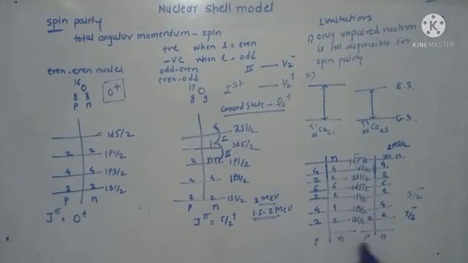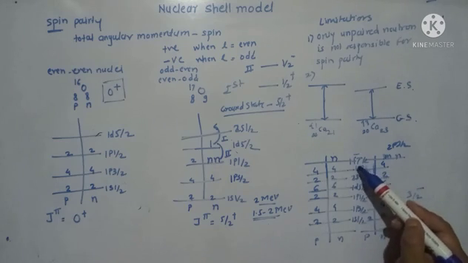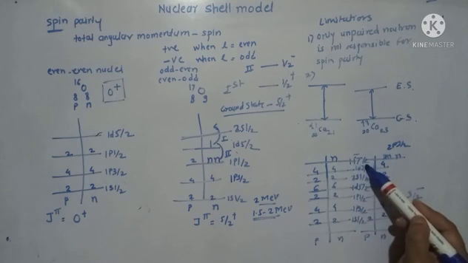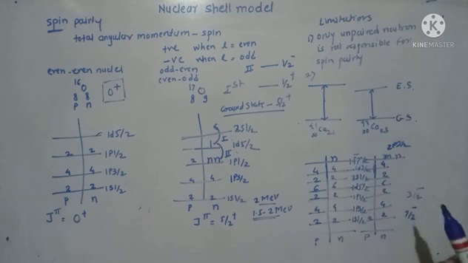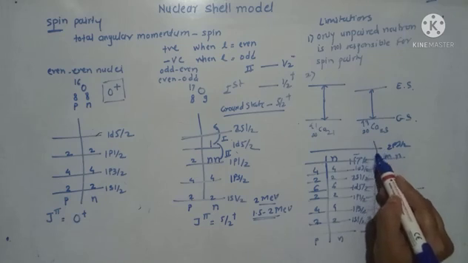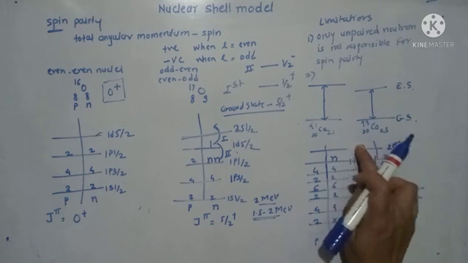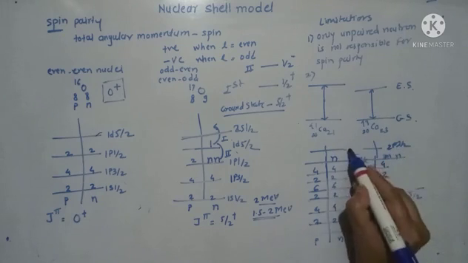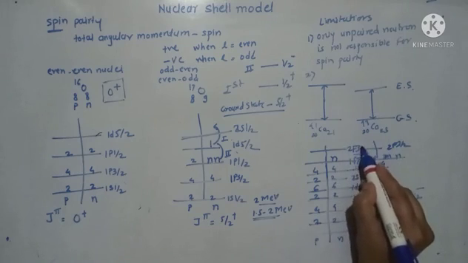For both the energy diagrams, we can see that the exchange particle is a neutron and it is in the 1f7/2. Therefore, the spin parity of the ground state of the nuclei will be 7/2 minus. Now, if I supply nearly 2 MeV of energy, it will go to an excited state, and the first excited state for both the nuclei will be 2p3/2.